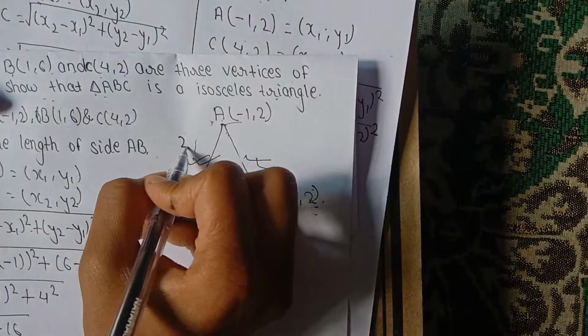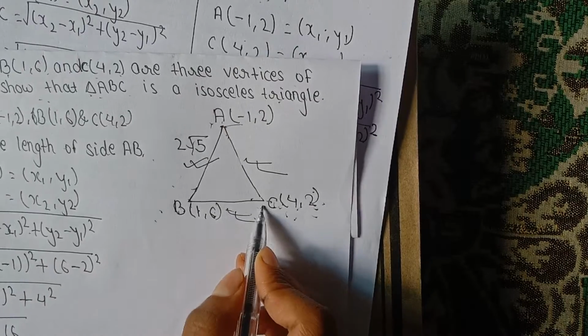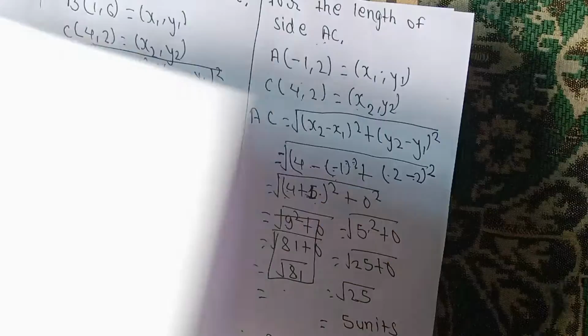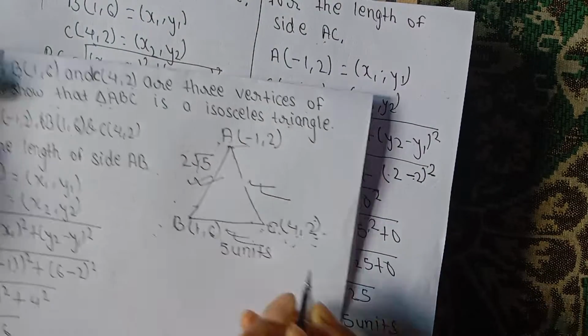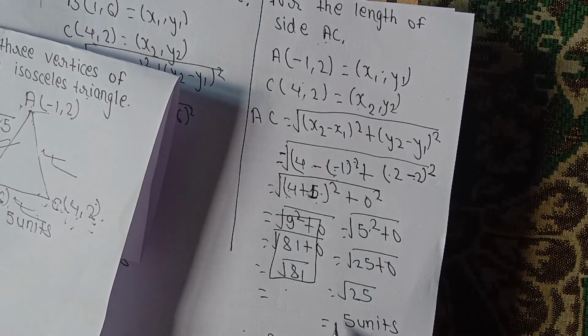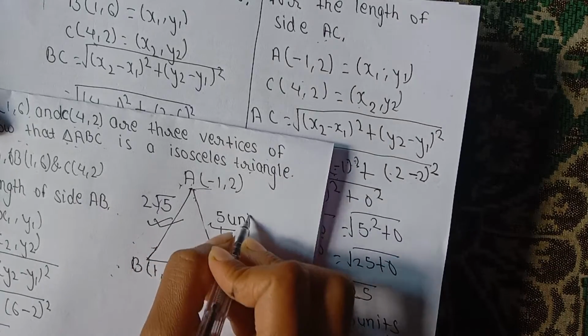So we write here 2 root 5. After that, BC equals, here we found 5 units. So we write here 5 units. And here AC we have found out 5 units. So we have to write here also 5 units.